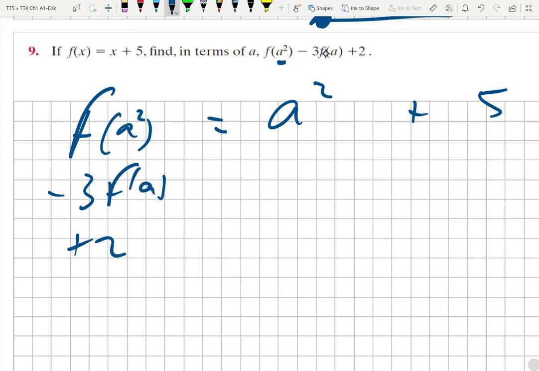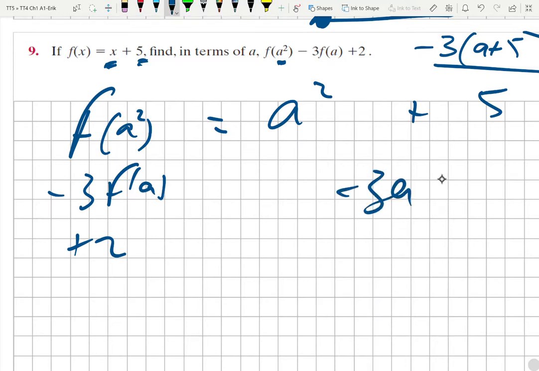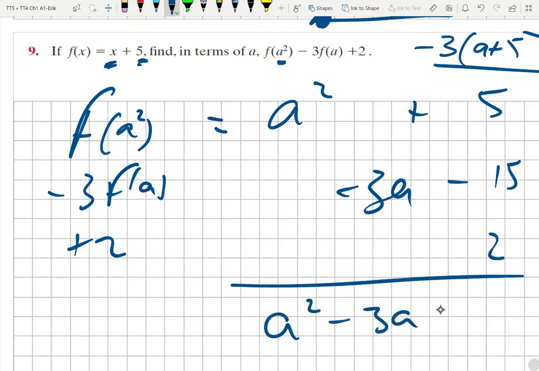You see a going in here. Here at least would be a plus 5. So take away 3 of them. Well, minus 3a plus 5. Minus 3a, I'll put it here. Minus 15 and 2. We get a squared minus 3a minus 8.